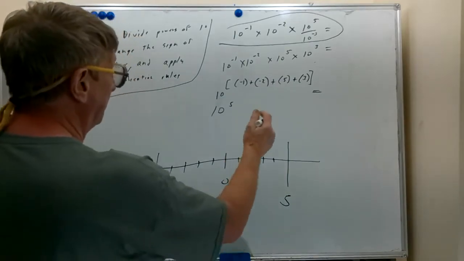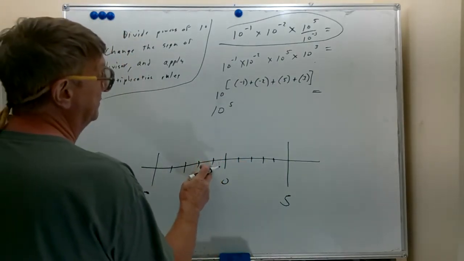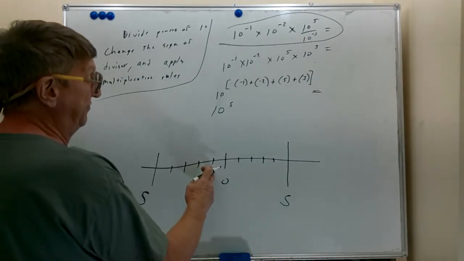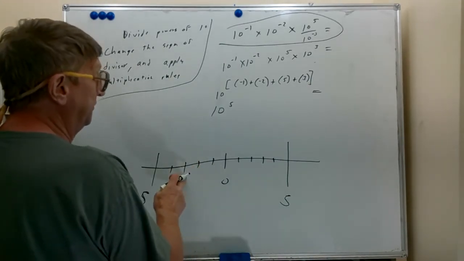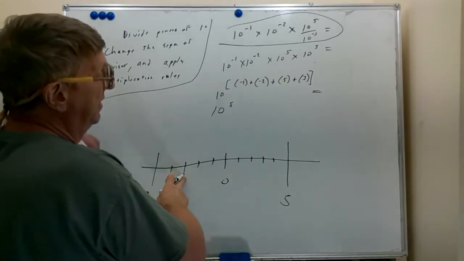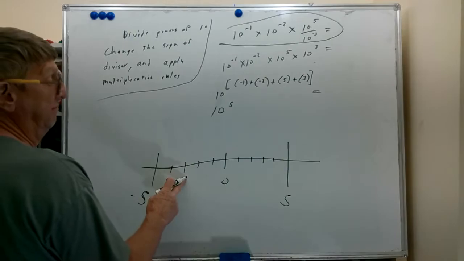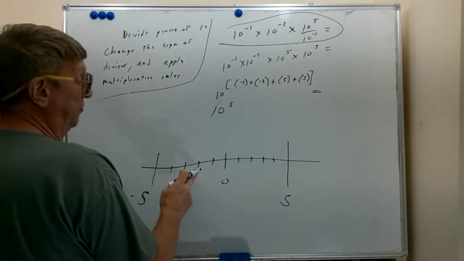So we started with our first exponent, which was negative 1, right here. And then we added to that a negative 2. Well, negative 2 means it goes left. 1, 2. Then we added to that a positive 5, which means go right 5 points. 1, 2, 3, 4, 5.